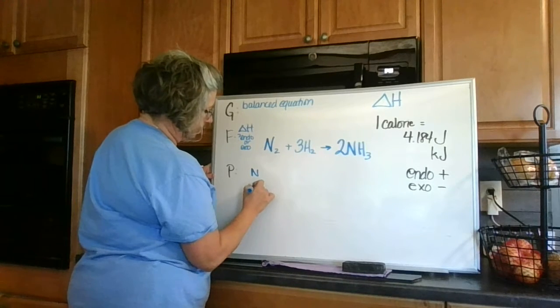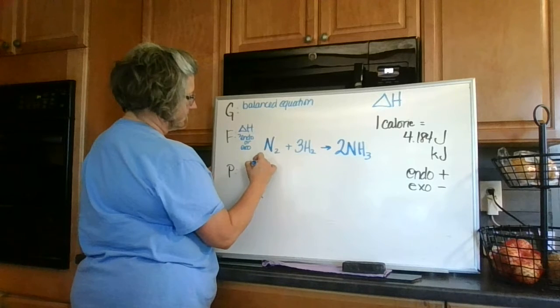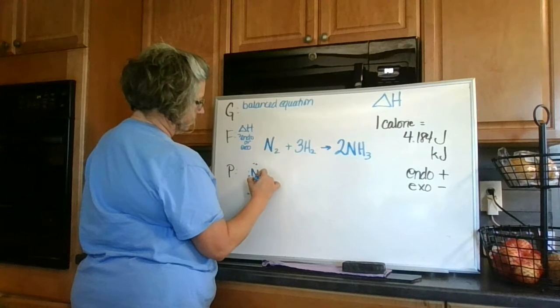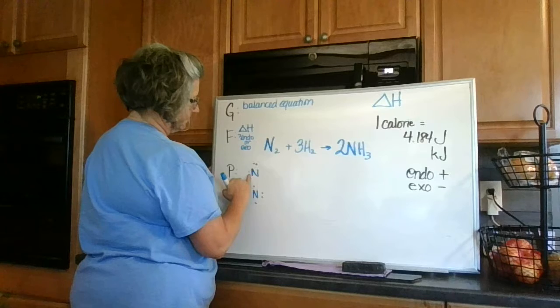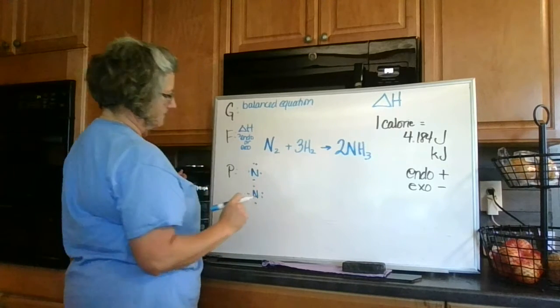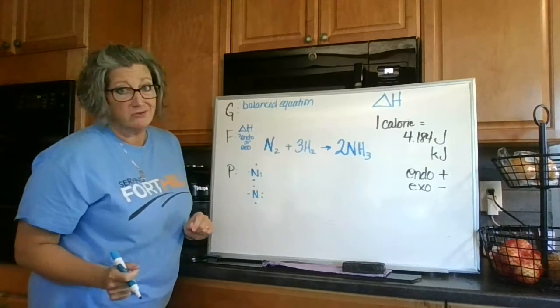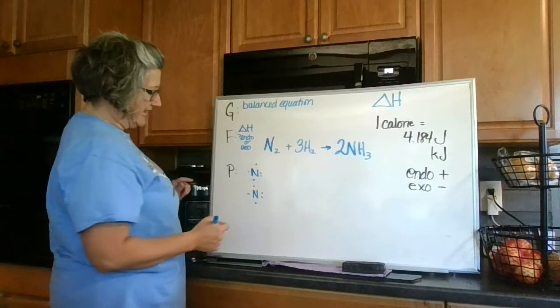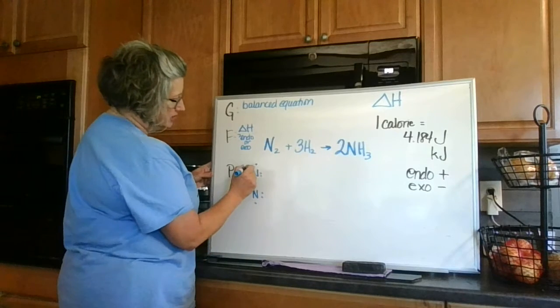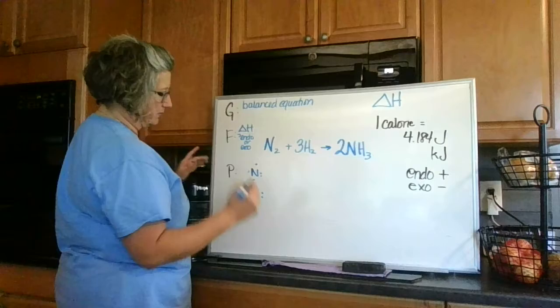Okay, so I count 1, 2, 3, 4, 5 on this one, and then on this one I've got 1, 2, 3, 4. That's not going to work. 5. Okay, absolutely correct. So now it looks like I can share this one and this one, this one and this one, this one and this one.